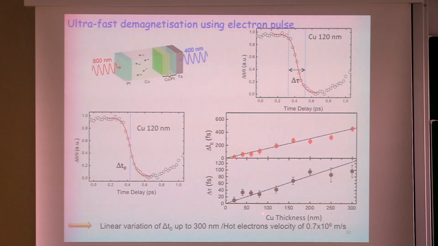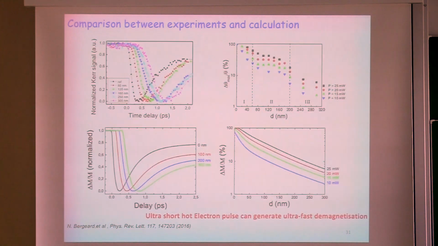And if we look at the velocity, it's very close to the Fermi velocity. So there's no way it could be phonons or other things that would be much, much slower. So here we have hot electrons interacting directly with the cobalt platinum, leading to fast demagnetization, as fast as it would happen with light pulses.